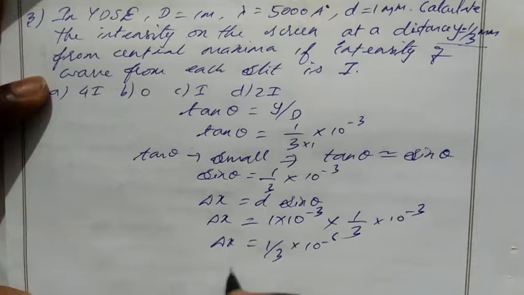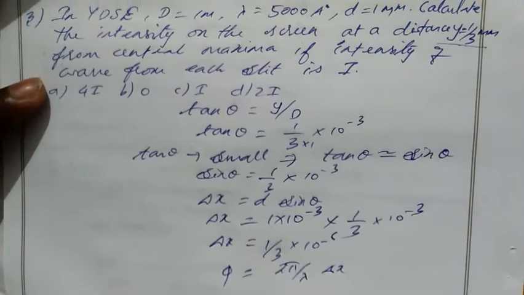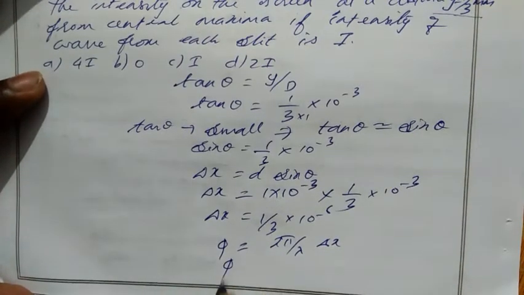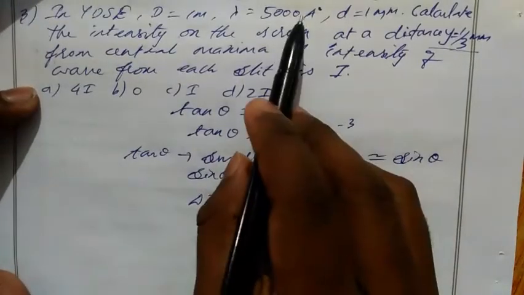Then we know the relation between phi and del x. Phi equal to 2 pi by lambda into del x. From this equation find the value of phi. Phi equal to 2 pi by, what's the value of lambda? Lambda is given 5000 angstrom.